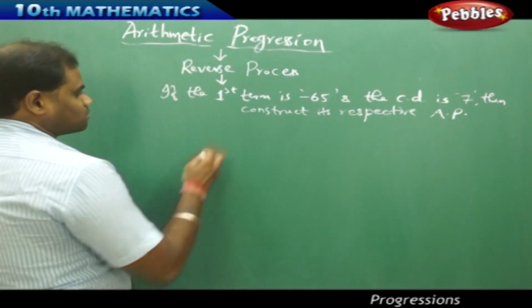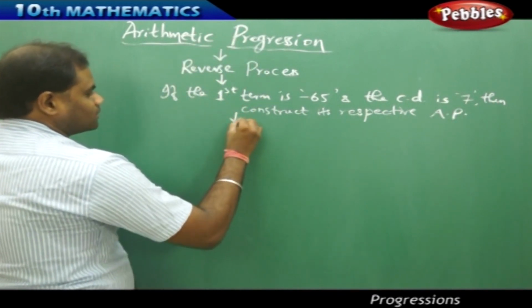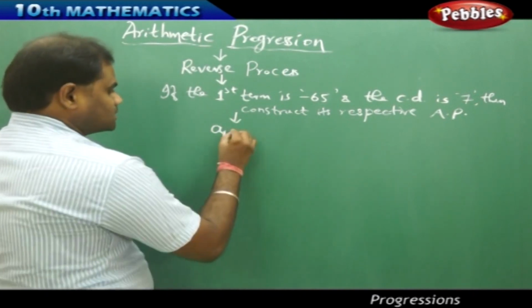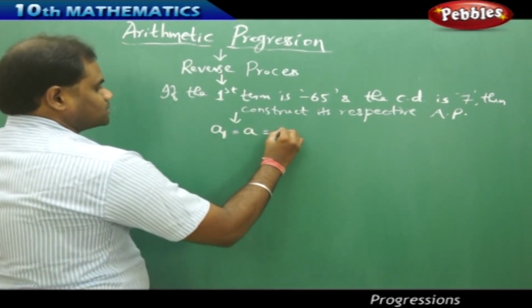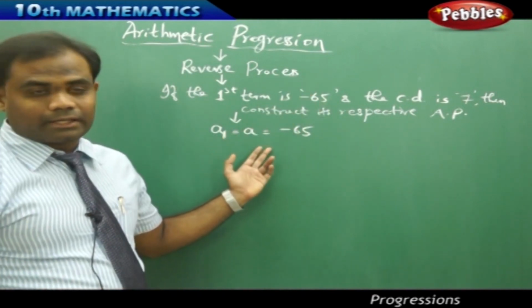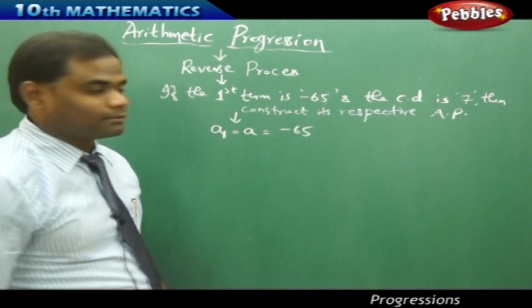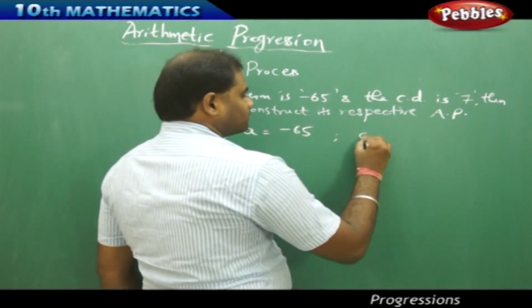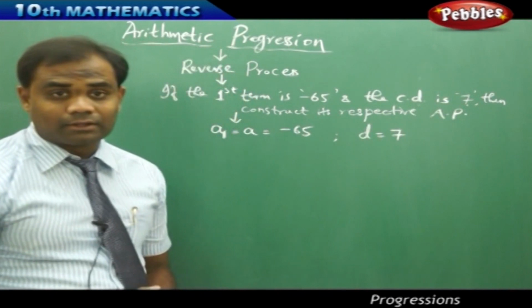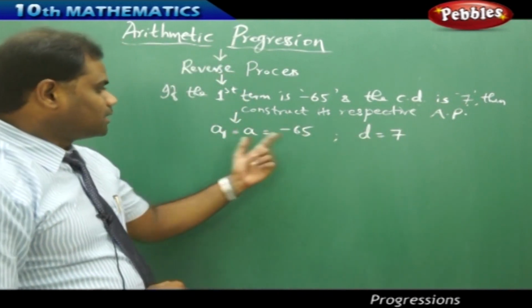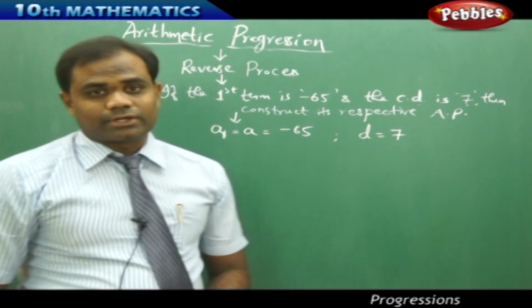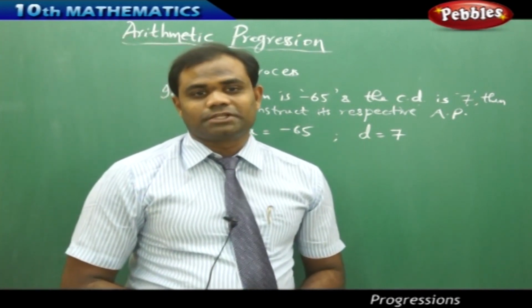So in case of this problem, I identify my first term, which is denoted by A1, is A, which is minus 65. The first term is generally denoted by A, which is minus 65. And the common difference is 7, implies D is 7. And the question is to construct the respective arithmetic progression.